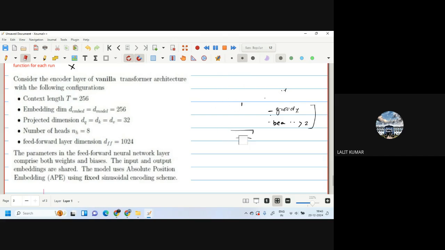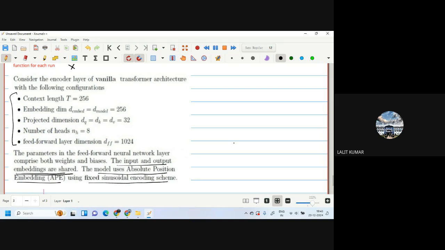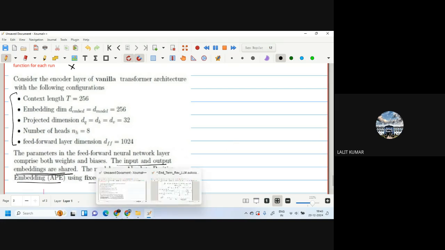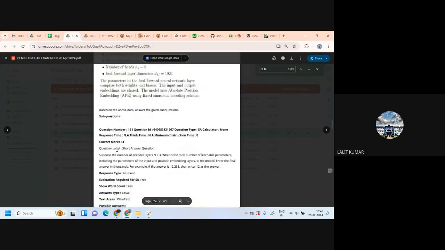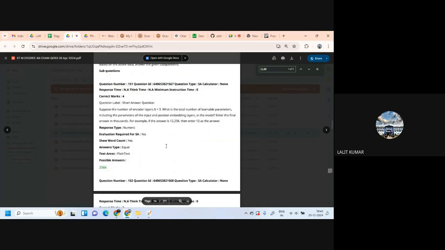Now this is a question. Consider the encoder layer of a vanilla transformer, with all the parameters given. The input and output embeddings are shared. The model uses absolute position encoding (APE) with a fixed sinusoidal scheme, so there is nothing learnable there.